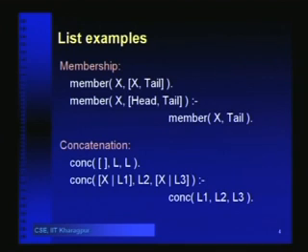The first one says that if we concatenate an empty list with L, then we get L. The second rule says that if we concatenate X as the head and L1 as the tail with another list L2, then we will get a list X with L3, where this X is bound to this X. So the first element of this list is the first element of this list, and the concatenation of L1 and L2 will give us L3.